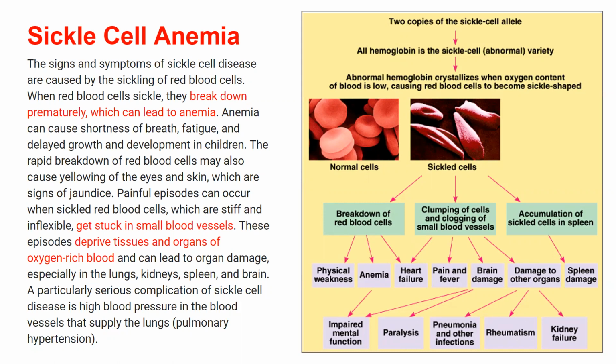A particularly serious complication of sickle cell disease is high blood pressure in the blood vessels that supply the lungs. So here's one example of a genetic disorder that is autosomal codominant.